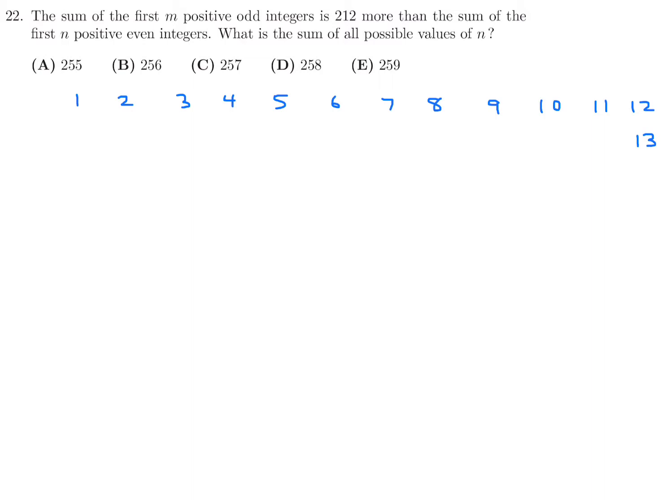And if I want the first, say, m odd integers, it would basically be 1 plus 3 plus 5 plus 7 plus 9, all the way up until a certain number. Because these are odd integers, that number will be 2m minus 1.